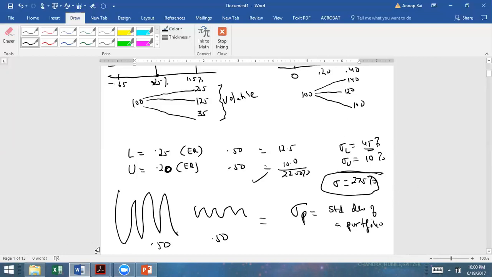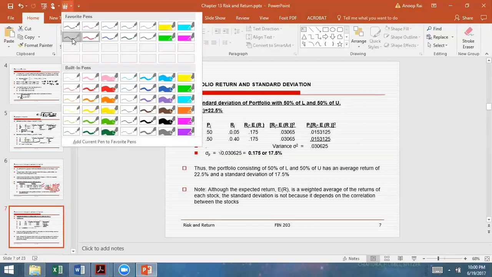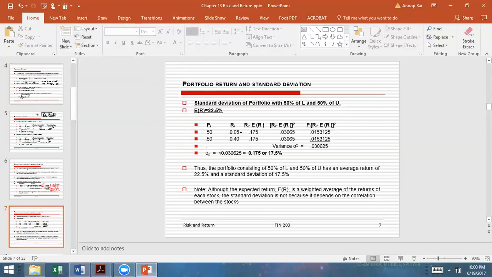But the example that we use in your textbook is a slightly longer method, so you don't have to do that, because what we do in the textbook method is as follows. It uses the same formula that we did, just without the correlation formula, minus R bar squared.